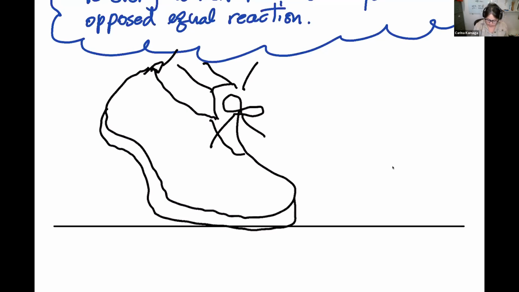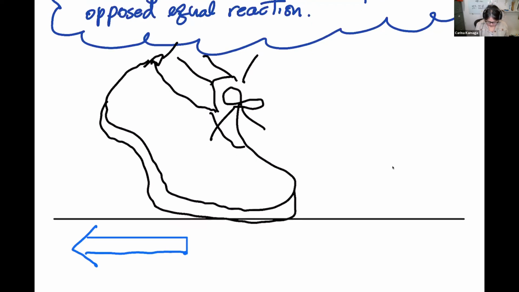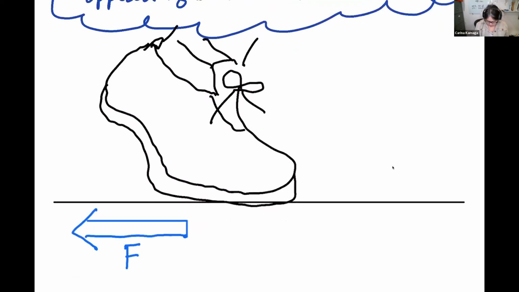So there's a force from the foot to the ground. You always push it backward.